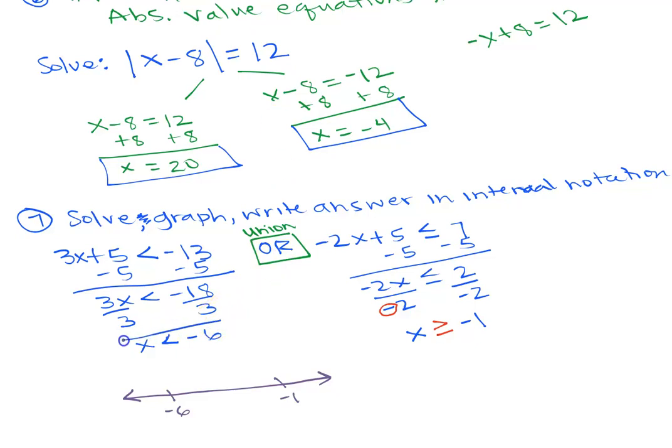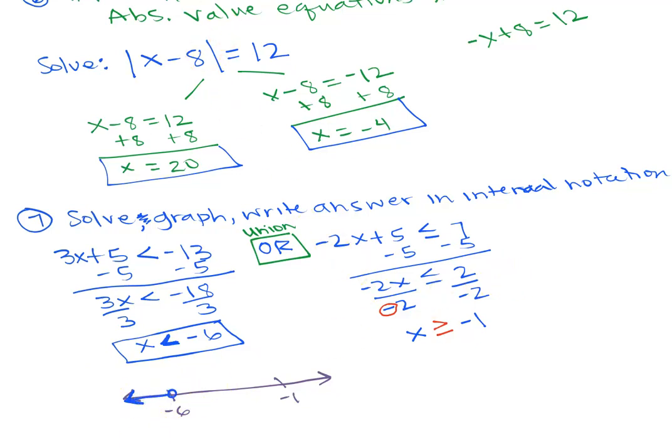I'll do this first one in blue. So x < -6. Well, it is a less than, not a less than or equal to, so that means there's an open circle at -6. And then we want all the stuff less than; I think of this as an arrow pointing to the left, so it's all of the numbers that are smaller than -6.